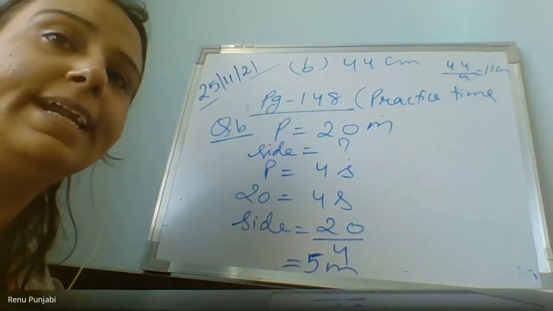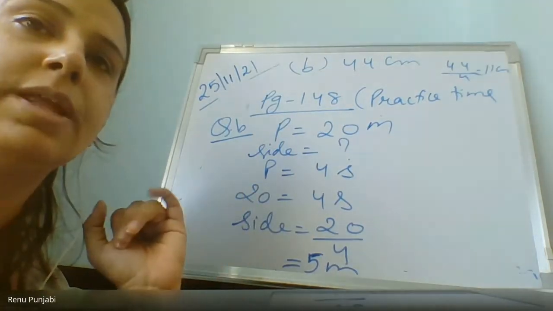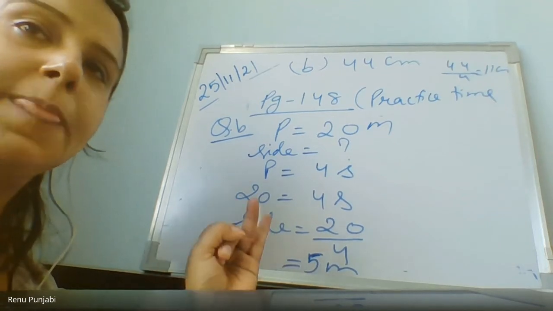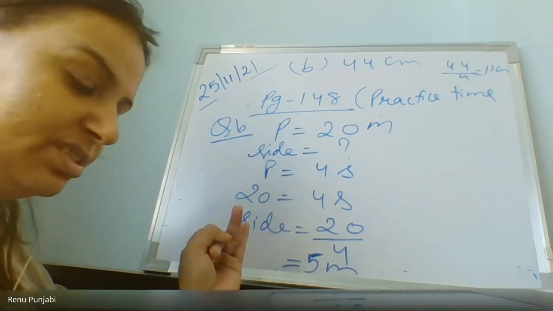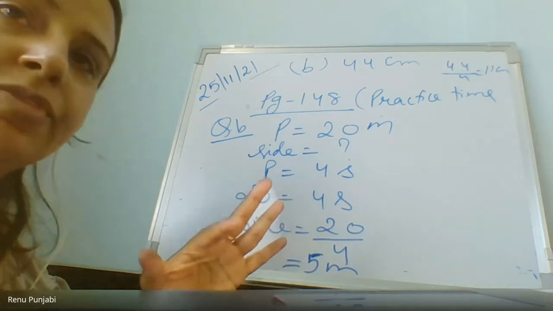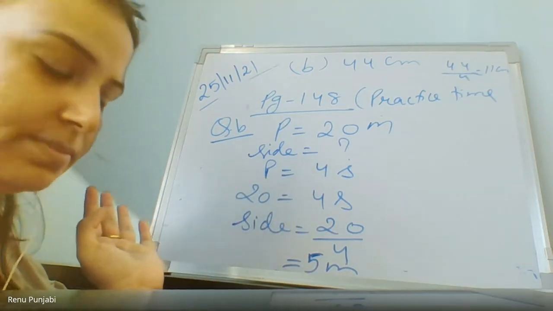Till here, any doubt to any child? The first topic we have done is how to find the number of tiles. Second, we have done finding the side of the square when the perimeter is given. Now we will learn that length or breadth will be missing and you have to find that. Clear?